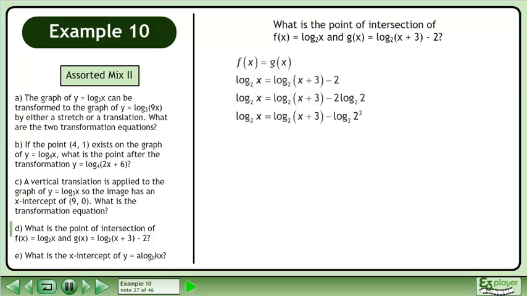We can condense using the power law in reverse. Two squared equals 4. Condense using the quotient law in reverse.